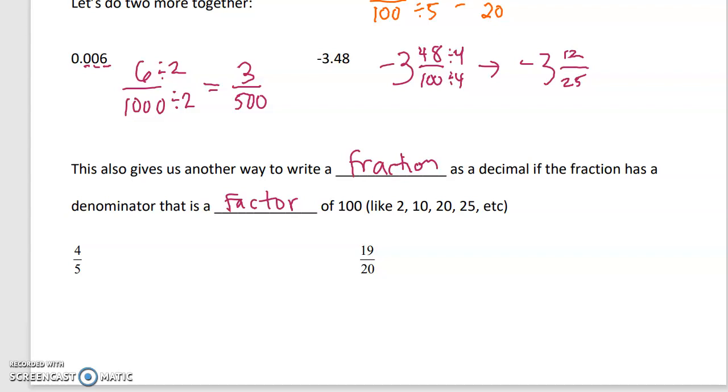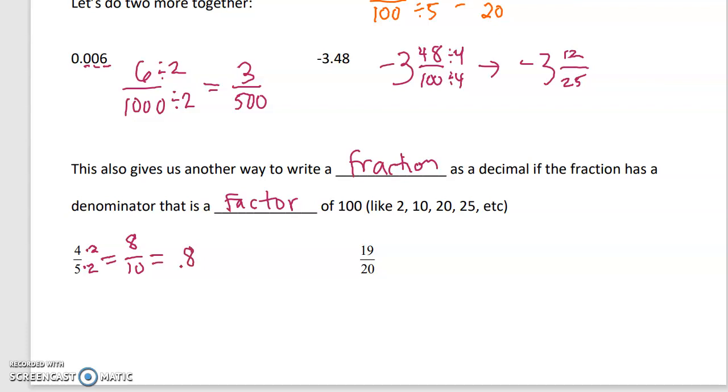But now we can look at this and say, okay, 4/5. Well, I know that 5 times 2 is 10, and that's one of my place values. And to write an equivalent fraction, I multiply the numerator by the same value, and that gives me 8/10. And then what does 8/10 look like as a decimal? It looks like 0.8.